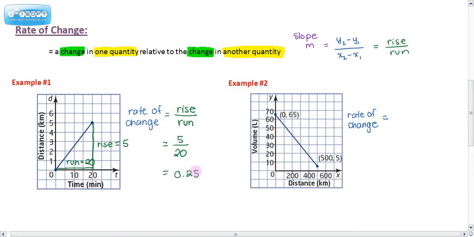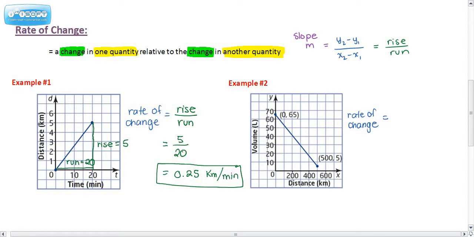What this 0.25 means though is that for every minute, which was our time, I move 0.25 kilometers. So 0.25 kilometers for every minute. So the difference between our rate of change and our slope is that we have units where we talk about the change in one variable over the change in another variable.